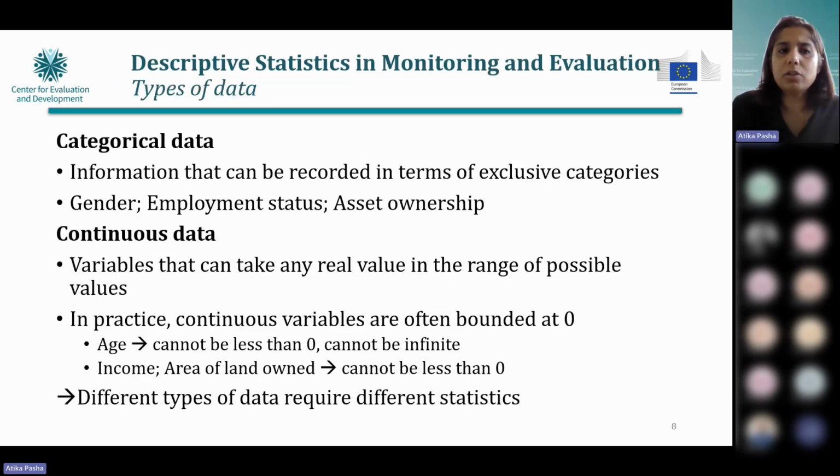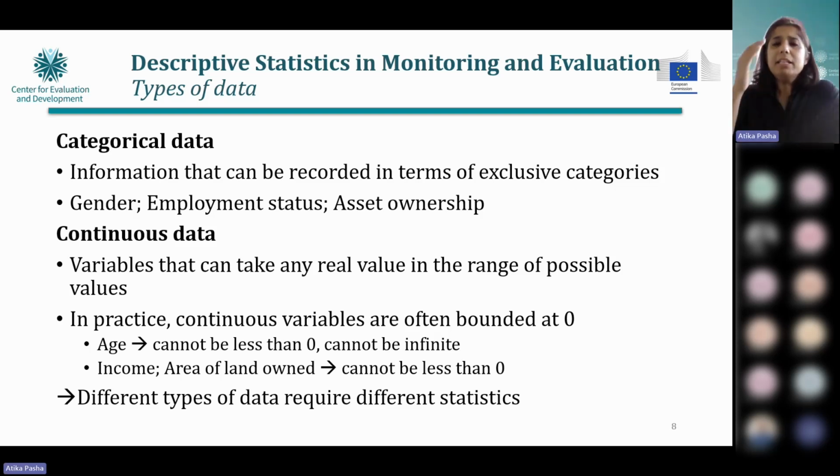So, talking about the types of data we have, the first type of data is categorical data. I'm not sure how many of you have heard of this terminology. Categorical data basically talks about categorizing individuals, or let's say firms, or whatever your unit of observation is, into a category.